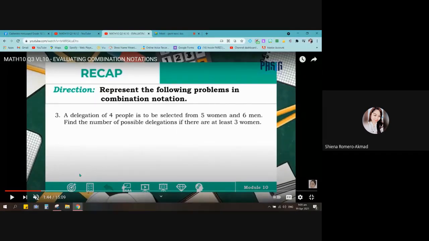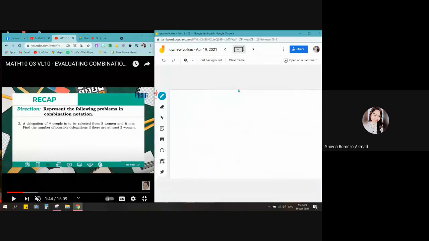A delegation of 4 people is to be selected from 5 women and 6 men. Find the number of possible delegations if there are at least 3 women. So let us answer this. Let's guide each other to wake up most of you.